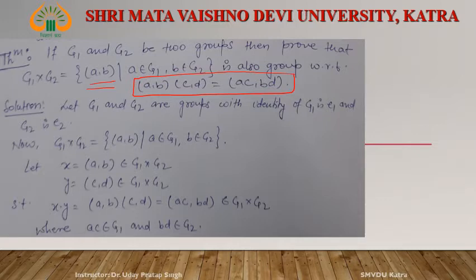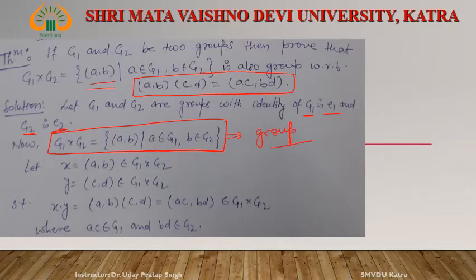See, if G1 and G2 are groups, then certainly G1 and G2 have identities. We call E1 the identity of G1 and E2 the identity of G2, right? Then G1 cross G2 is defined as follows. We have to prove that this G1 cross G2 is a group.